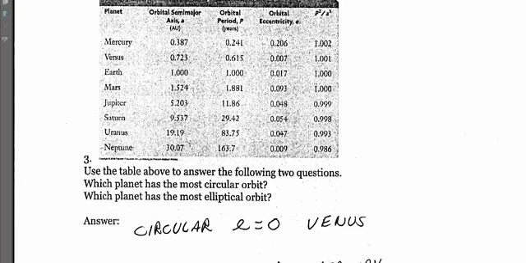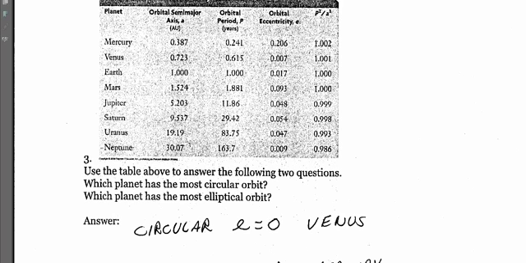Here we want the most circular orbit. Well, this goes right back to Kepler's laws of motion, where you guys actually calculated eccentricities. And one thing that you notice is as the eccentricity got close to 0, it becomes more circular. If you look at a circle, the distance between the foci does not exist because both foci really are on top of one another. So we want the one that's the closest to 0.